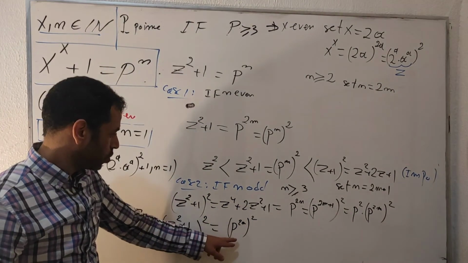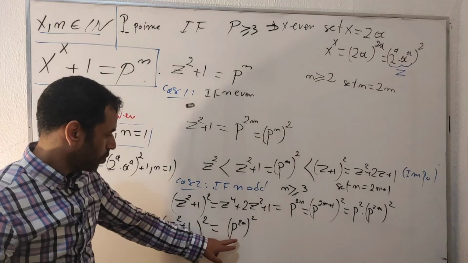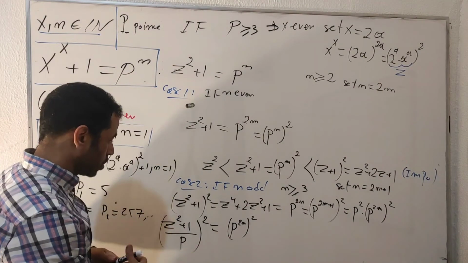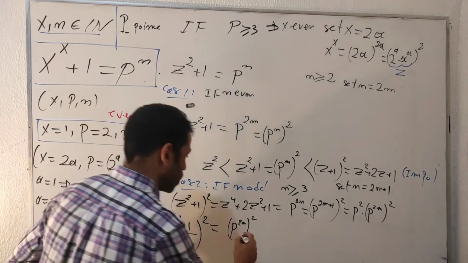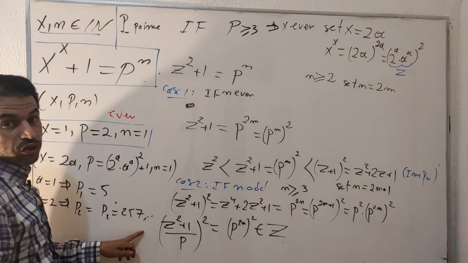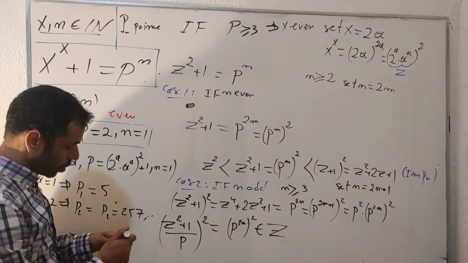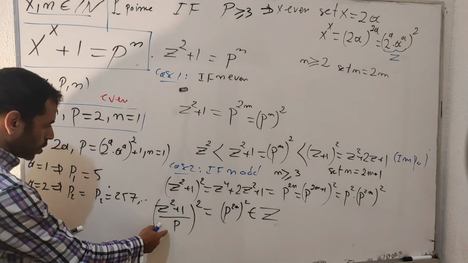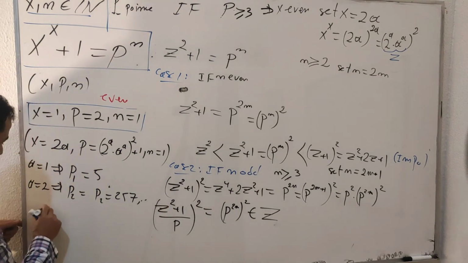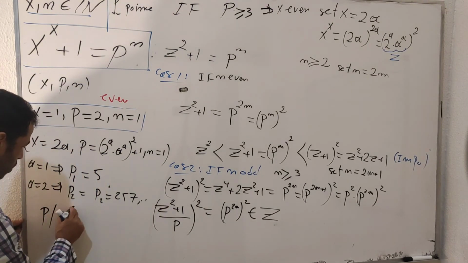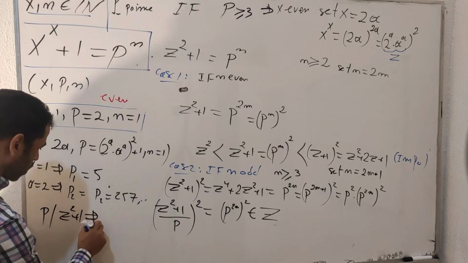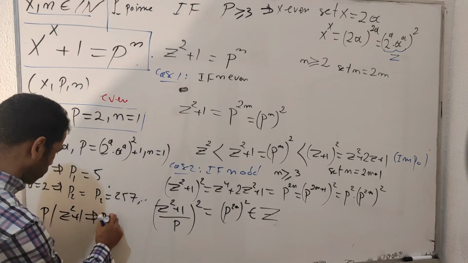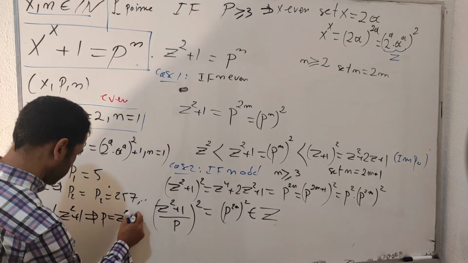As we know, the GCD of this one could be p or 1. Since the right-hand side of this equation is an integer, the left-hand side must be an integer as well. Since p is a prime, p divides z squared plus 1, which is telling us p is going to divide z squared plus 1.